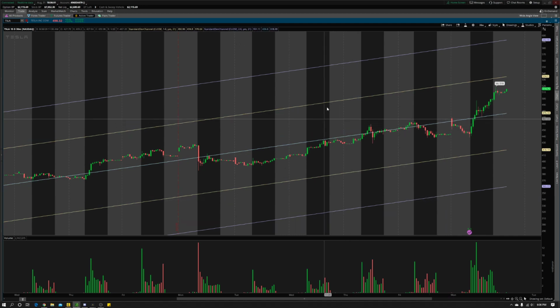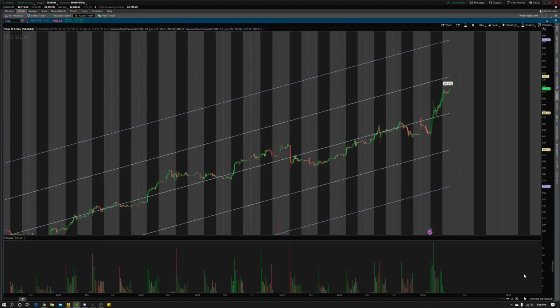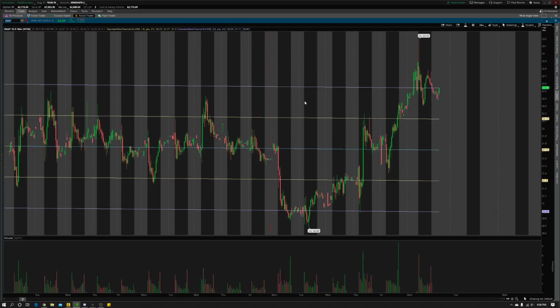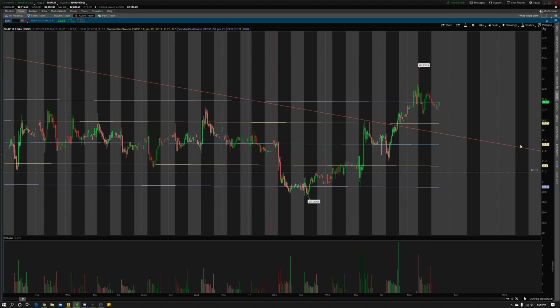So even if you had no other indicators and you just traded off of this, which Tesla's not a good example because Tesla's been extremely bullish for a long time now, but we'll go with Snap. Let's try it. Okay, so Snap, if you just said every time the price gets two standard deviations one way, downside or upside, I'm going to go long or short.